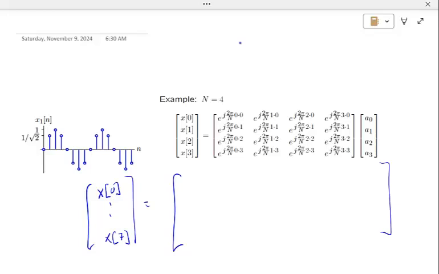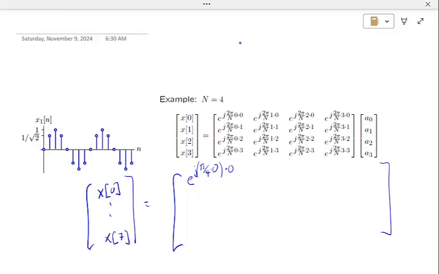I'm going to write this, so this is going to be e to the j, now I have 2 pi n over 8, so that's pi over 4. All right. And then this is going to be 0, times 0. So these all correspond to the first root.